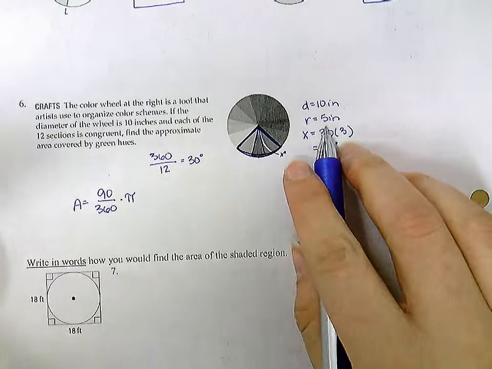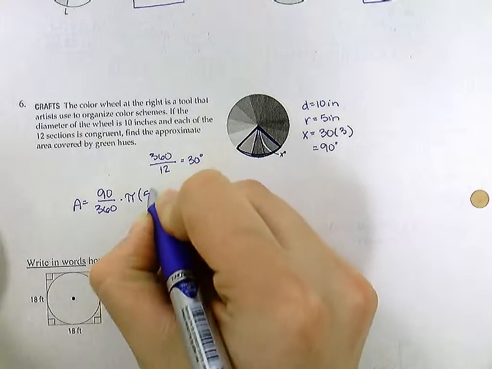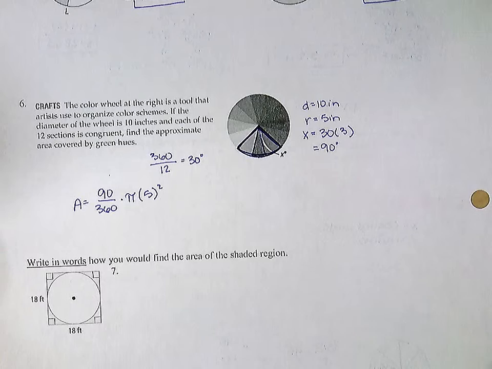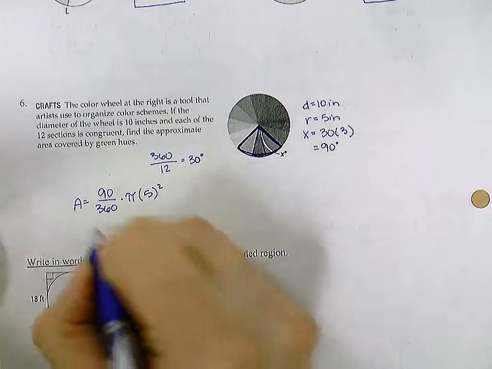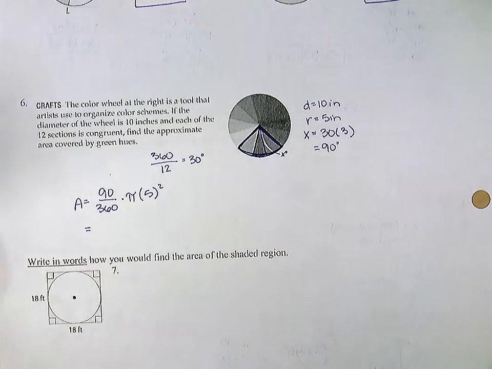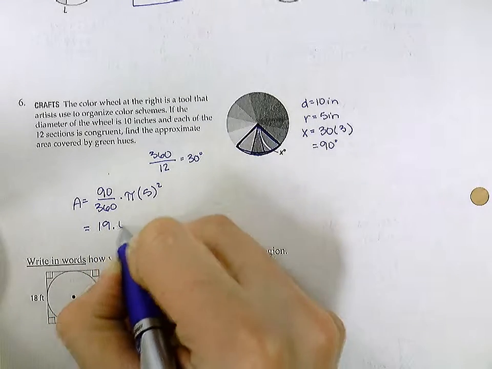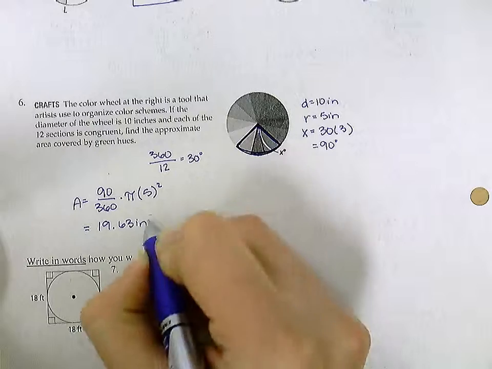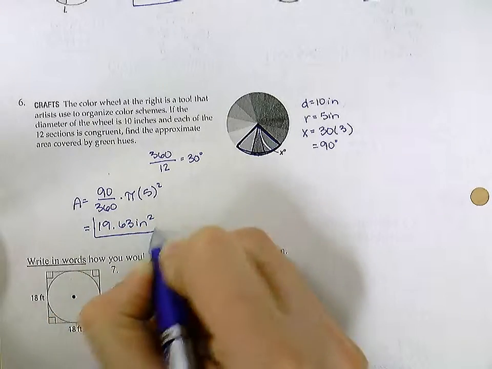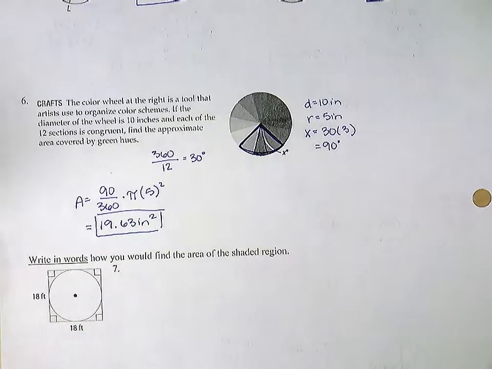Our R value is 5 squared. It is 19.63 inches squared.